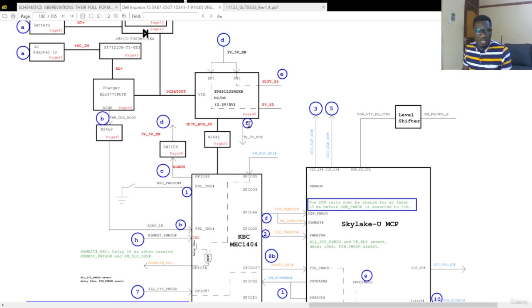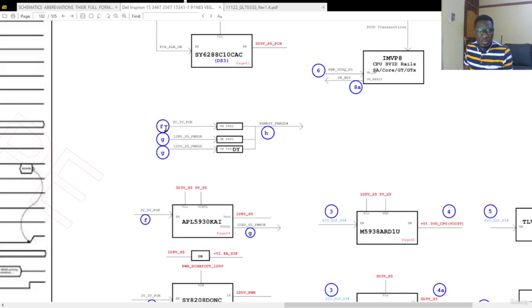Now let's see where this signal goes to, because according to the arrow it comes out of that chip. So F comes out here and goes to one resistor, which gives what we call RSM reset power good. But this one comes out at H.